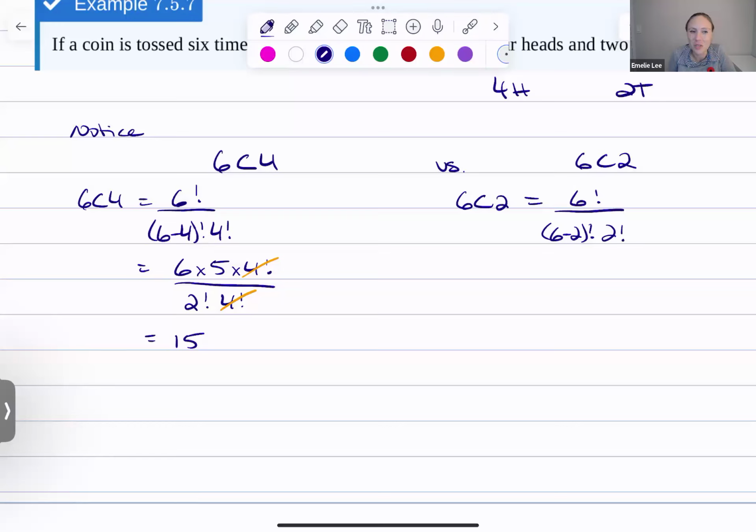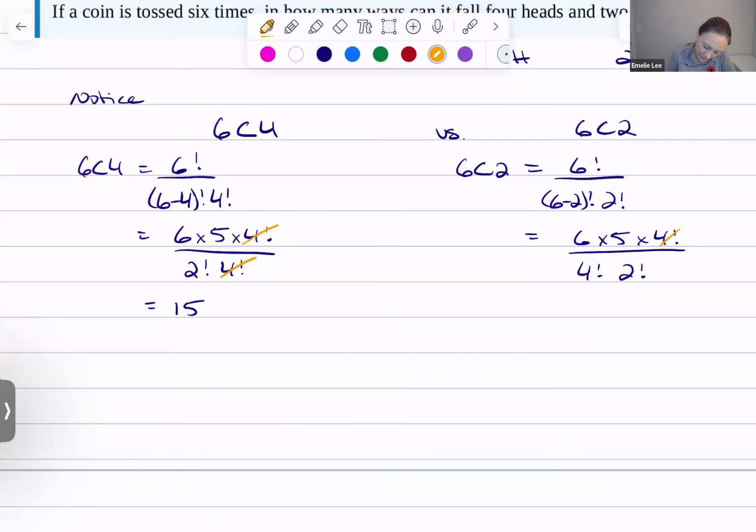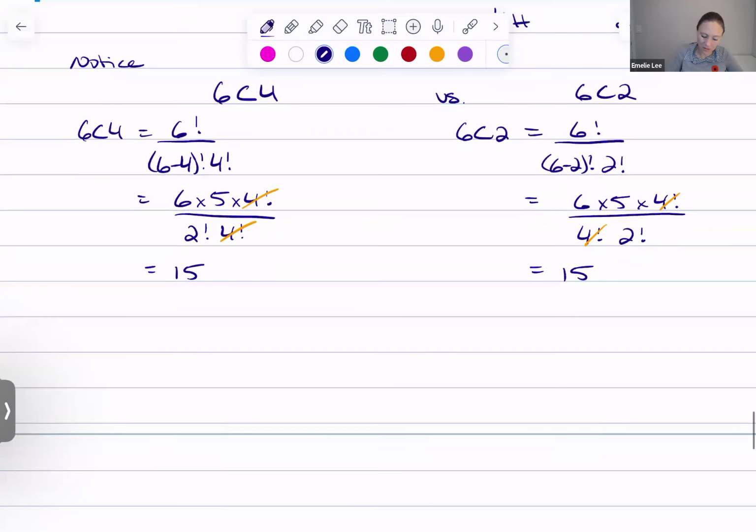Already you probably notice that these are looking kind of similar, right? And so 6 times 5 times 4 factorial divided by 4 factorial, 2 factorial. Different 4 factorial cancels, but the result is the same. All right, I get 15.